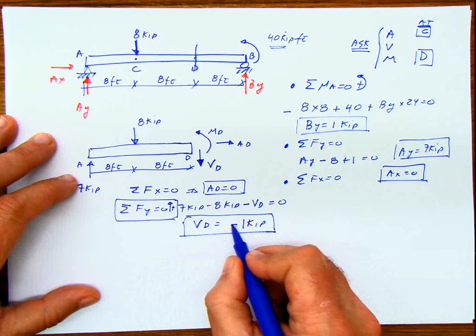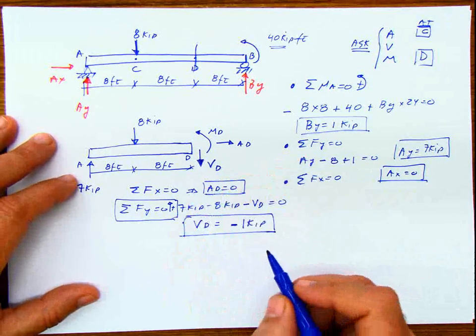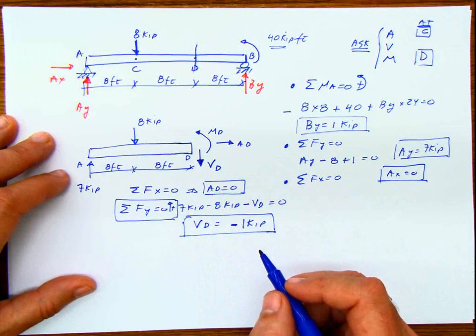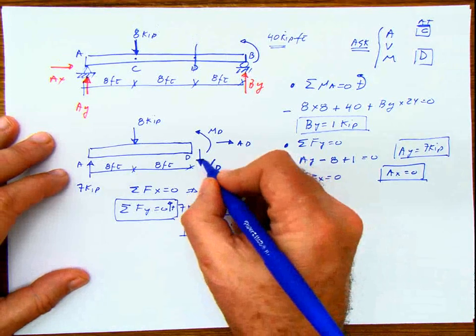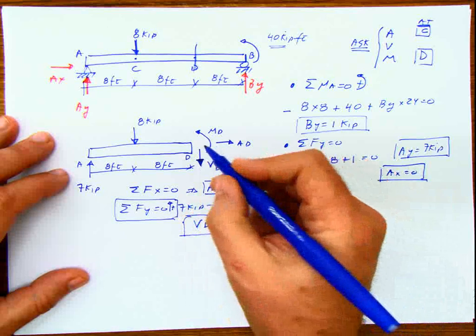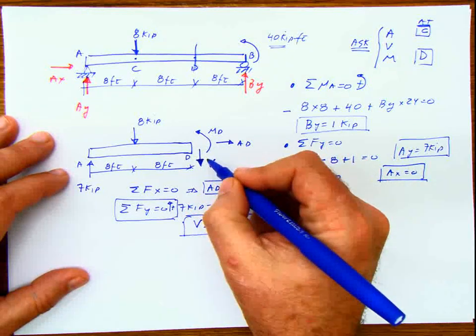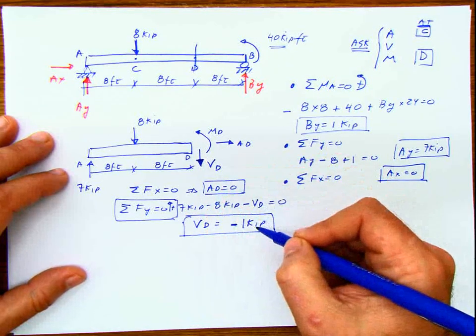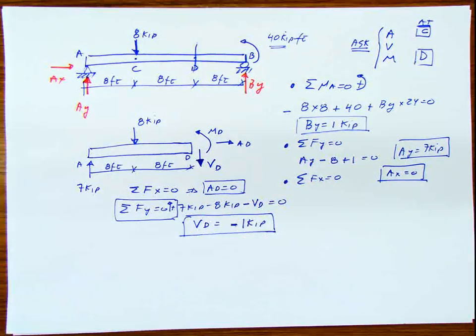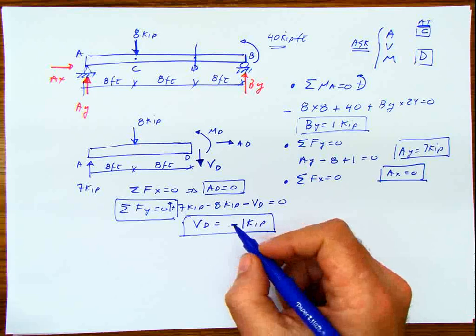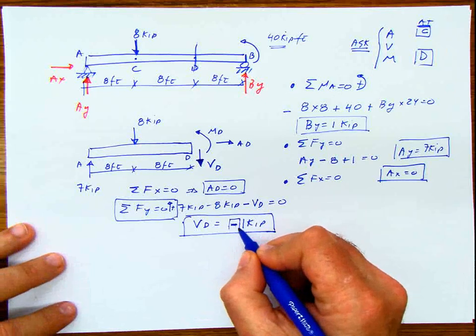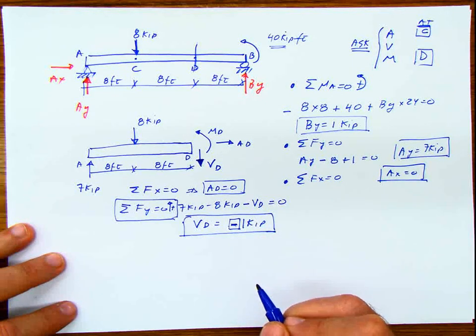Because that is telling me that at D, the internal force is -1. I assumed it in the positive accepted convention, and I got a negative value. Yes, that could imply that it goes in the other direction also, as we say. But when dealing with internal forces, I'm interested in this value here, the negative value. Okay?